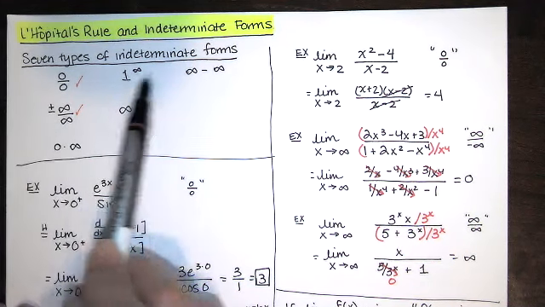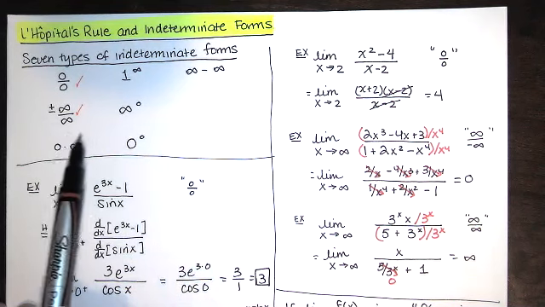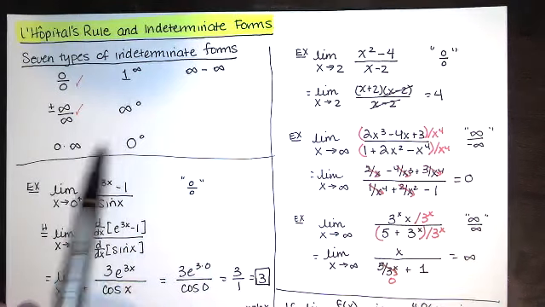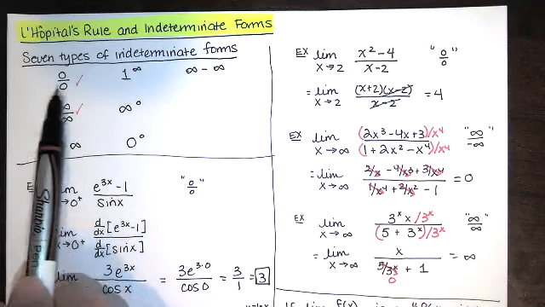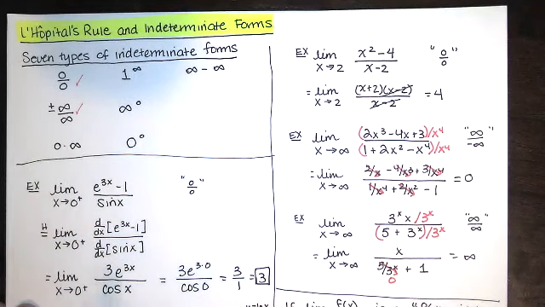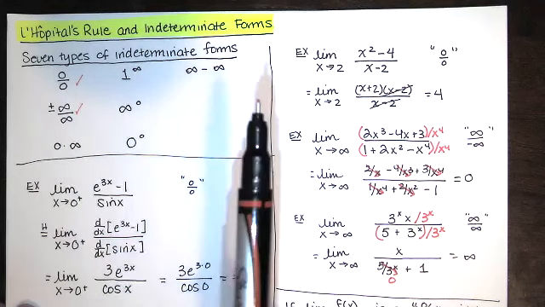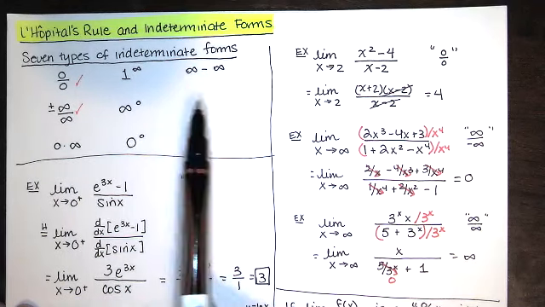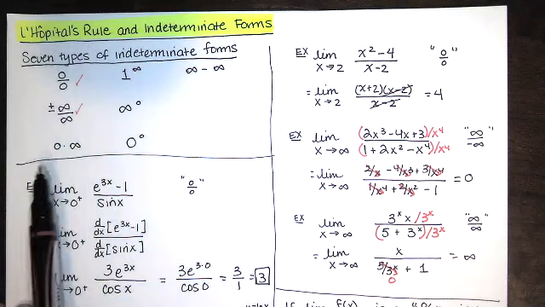If you have one of these other indeterminate forms, you have to rewrite that expression so that it looks like this. Once it looks like this, then we're able to use L'Hôpital's rule. If it doesn't look like that, we've got to do some algebraic manipulation in order to use this rule.